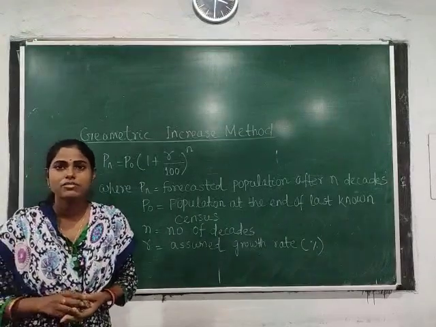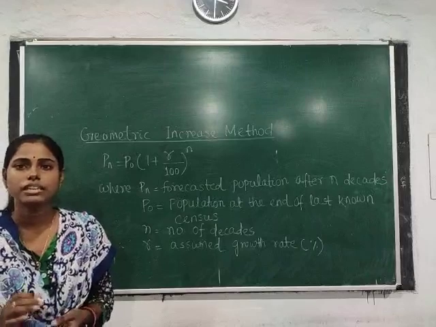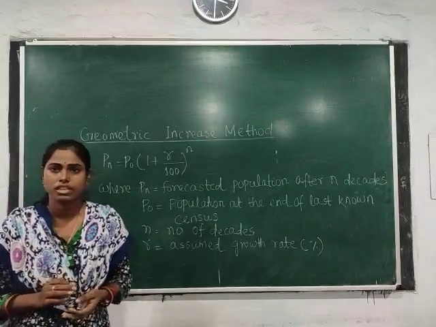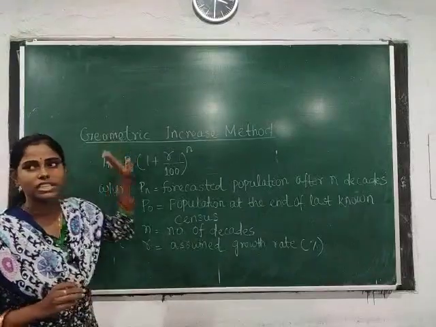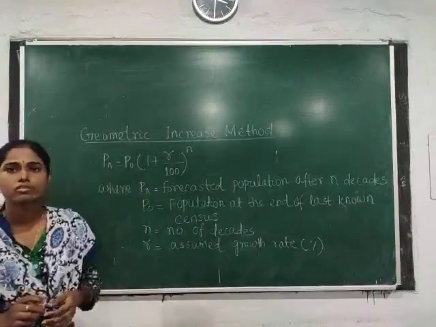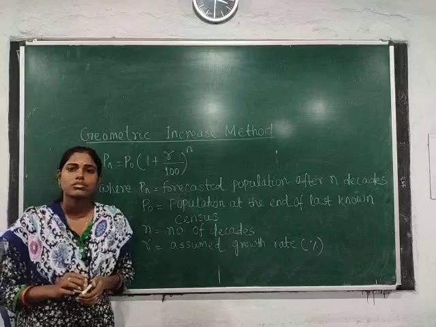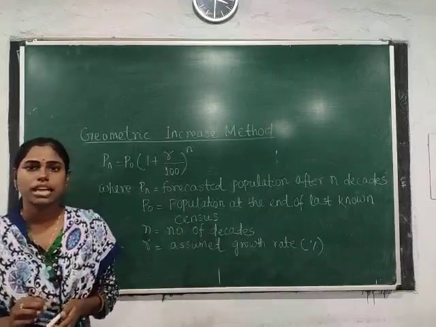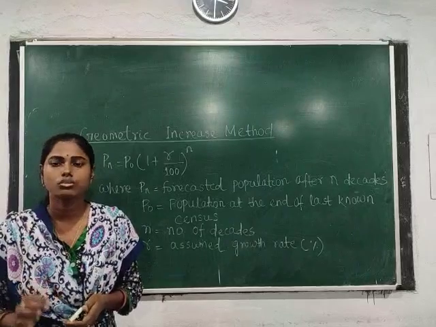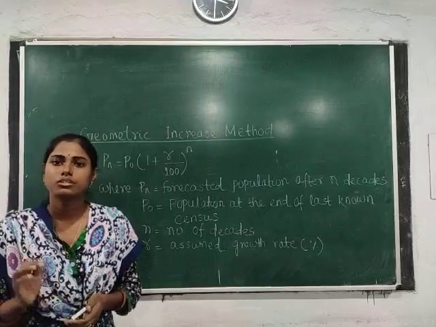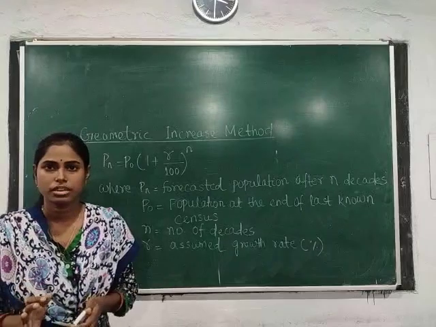In the last class we have discussed the arithmetic increase method of population forecasting, and today we are going to discuss the geometric increase method of population forecasting. In this method it is assumed that the percentage increase in population, or growth rate, from decade to decade is constant.